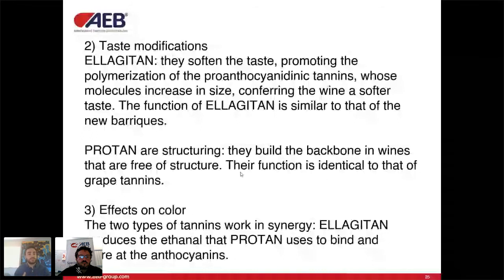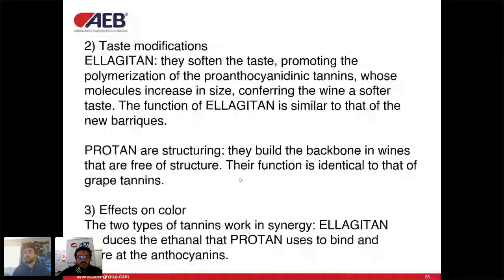work. They do two different jobs in the color stabilization, but you need both in the wine when you want to stabilize color, because the Ellagic tannin is responsible for the first part of the reaction, while the Proanthocyanidic tannin has to be activated to start the condensation reaction, the copigmentation reaction.